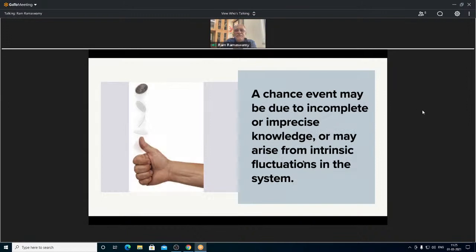Now, we use ideas of chance all the time in the everyday world. For example, if you want to choose between two outcomes, you say, let's toss a coin. Who's going to go first in batting or whatever, you toss a coin. And this we use all the time in sports, all right?